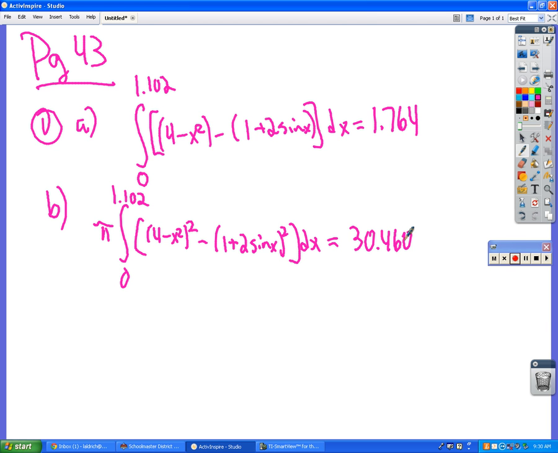The only time you leave things in terms of pi is if it's like 16 pi. You wouldn't usually see 9.483 pi, you know what I'm saying? Because you already have some decimals, so go ahead and just bite the bullet.